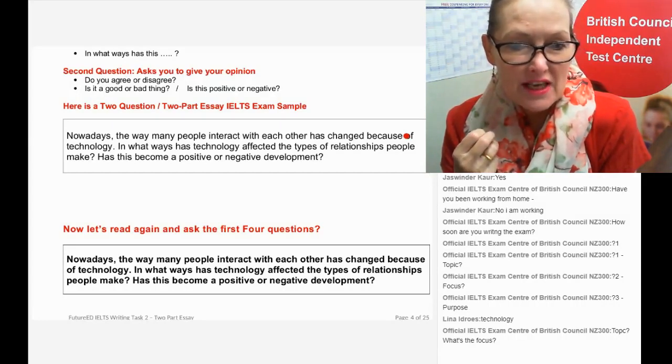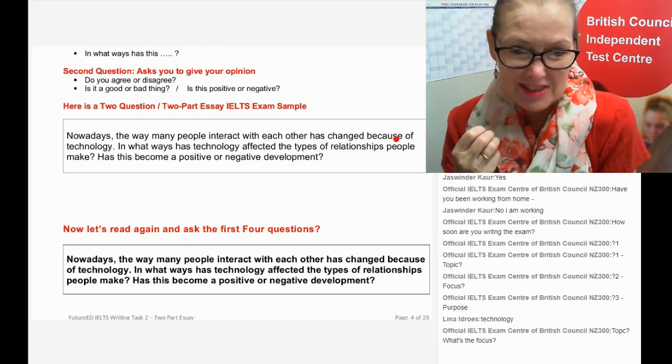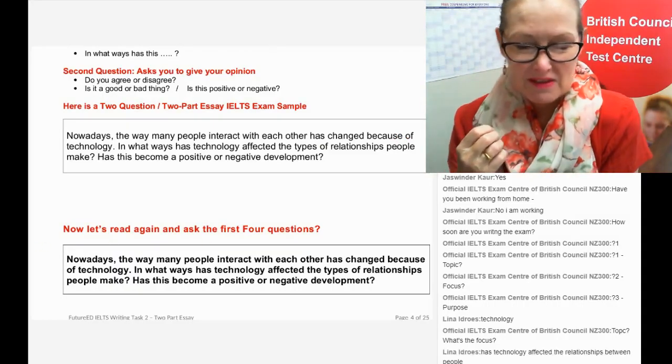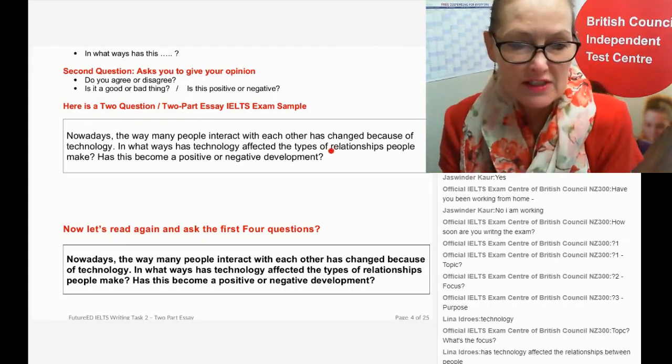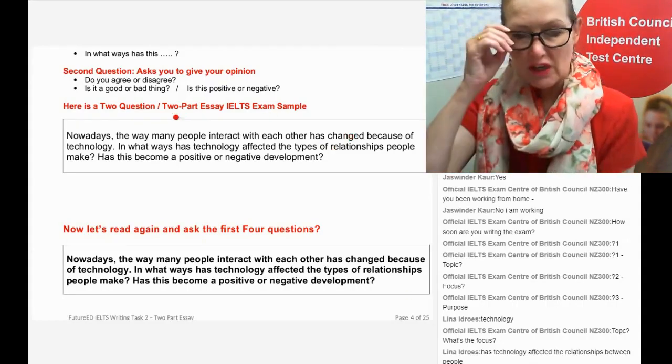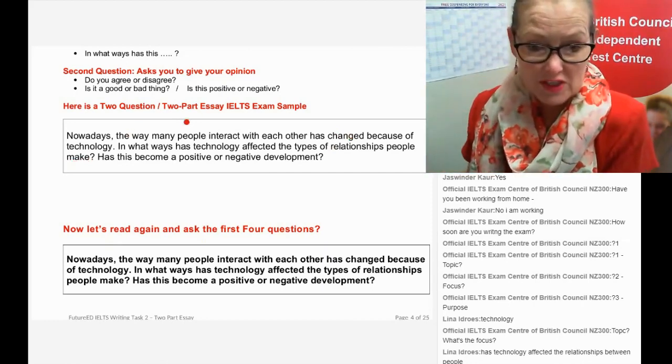In what ways has technology affected the types of relationships people make? Has this become a positive or negative development? So if you can just make a screenshot of that, or maybe make a note of that, we're going to ask ourselves the first 4 questions.